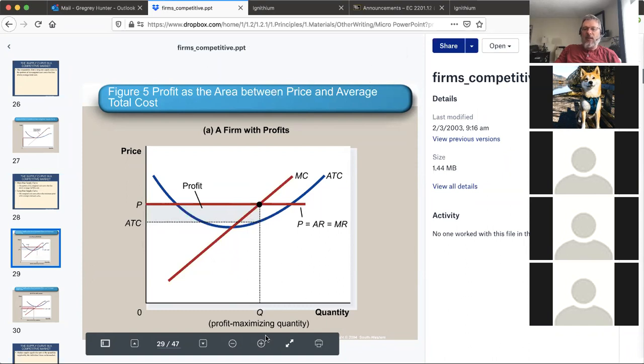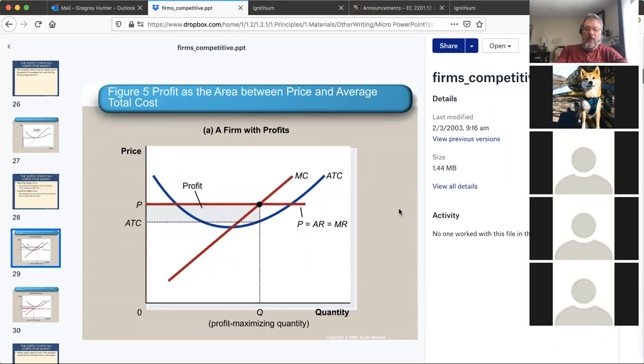I will again put a note in the chat to try to explain that a little bit more. So remember, for the competitive firm, and this is only for the competitive firm, price is equal to marginal revenue. Okay, and profit is equal to total revenue minus total cost.